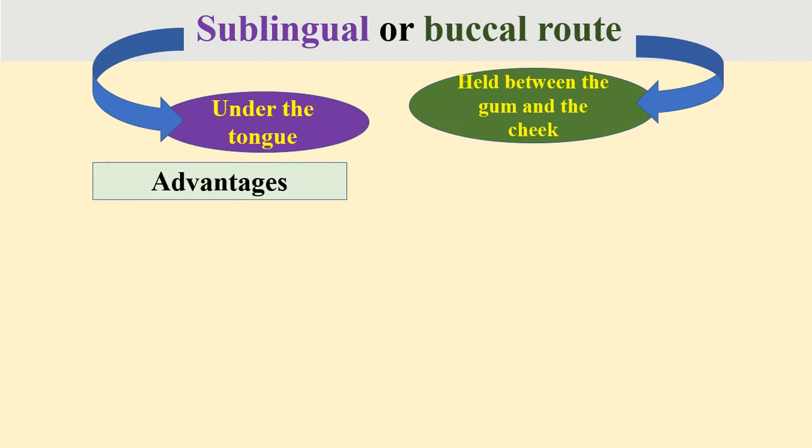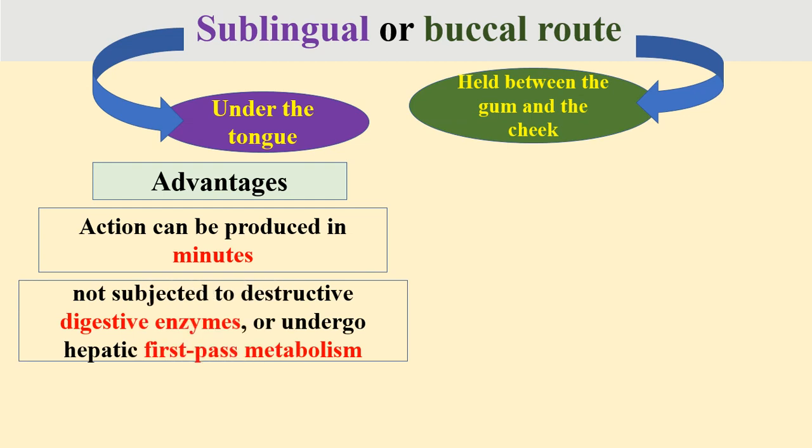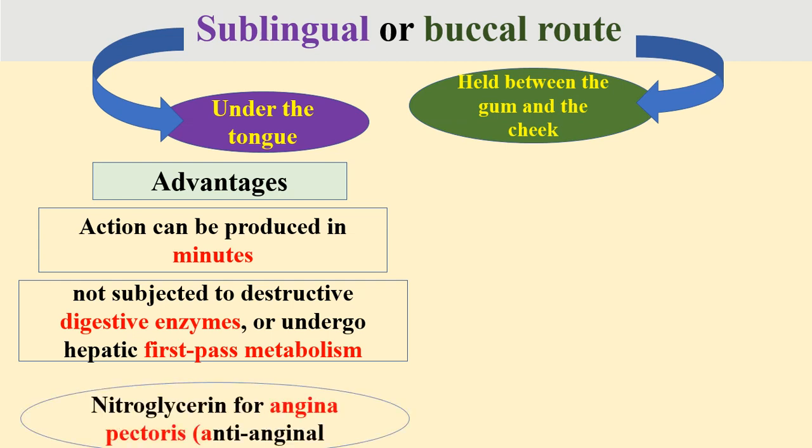The advantage of giving a drug under the tongue is that its action can be produced in minutes, and it is also not subjected to destructive digestive enzymes or hepatic first pass metabolism, because it is absorbed directly from the tongue tissue. And also this drug, like nitroglycerin for angina, is very important, and it must be given sublingual.